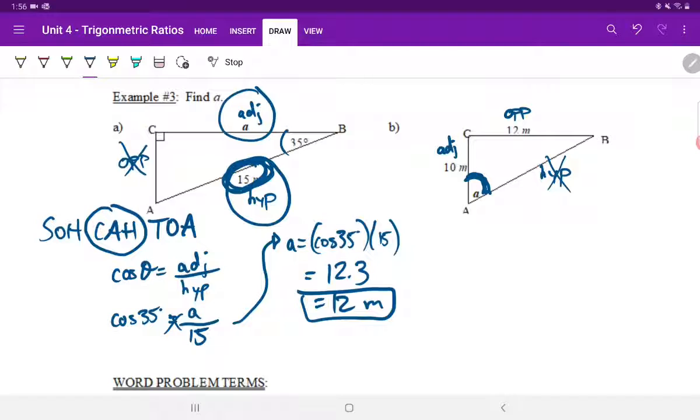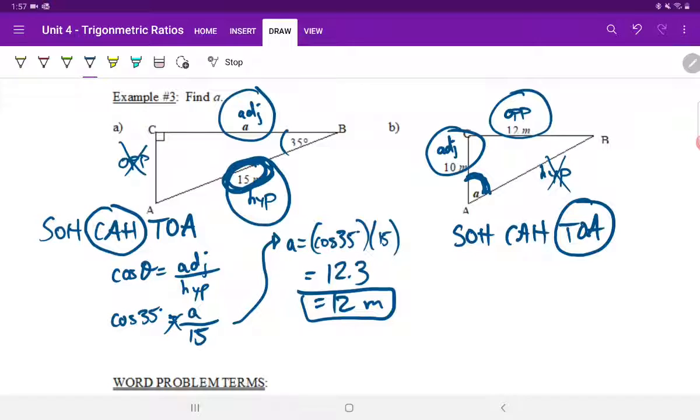They've given me both the opposite and adjacent side, so that is what I need here. Now choose the proper ratio that has opposite and adjacent. Tan. So we're going to find tan of lowercase a is equal to opposite over adjacent.